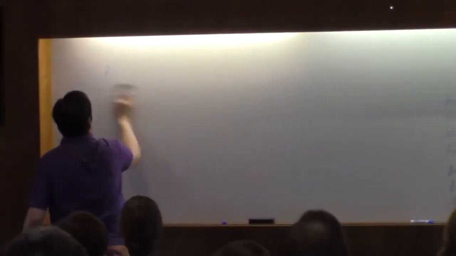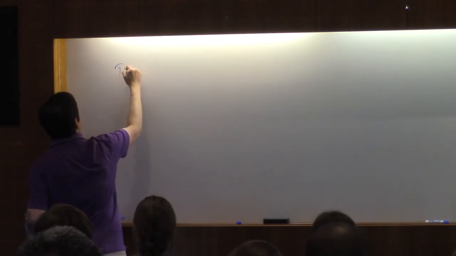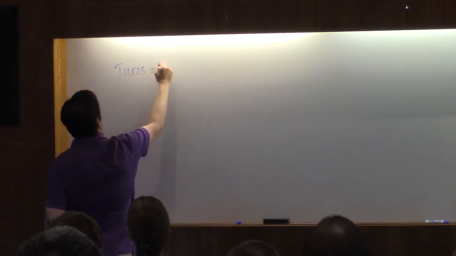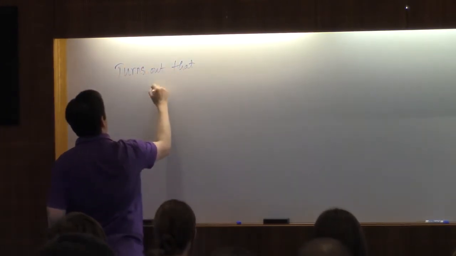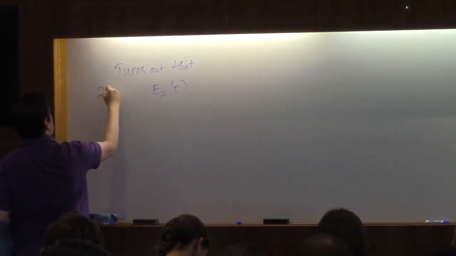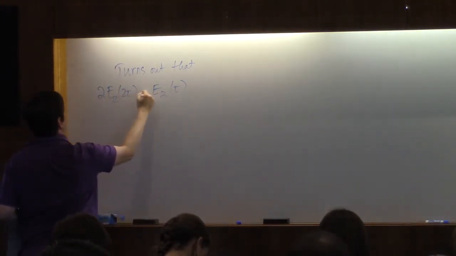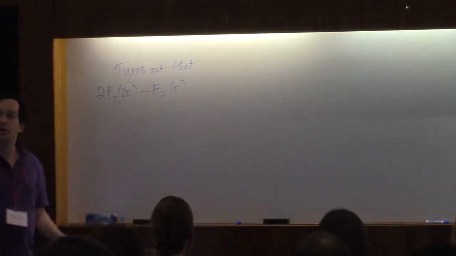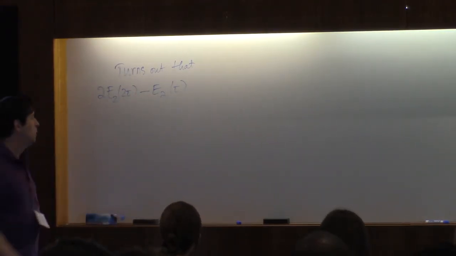And so it turns out, using that, that the difference 2 E2 of 2 tau minus E2 of tau is an honestly holomorphic function. Right?